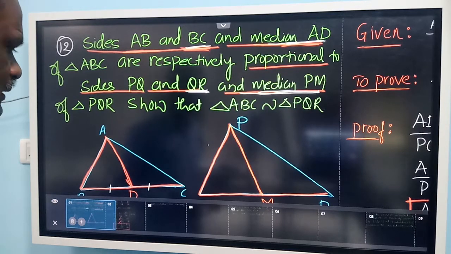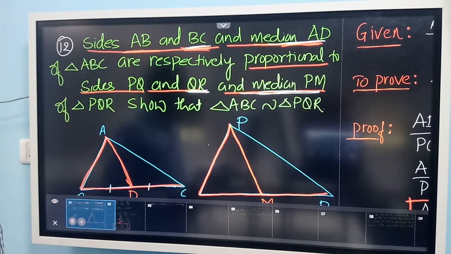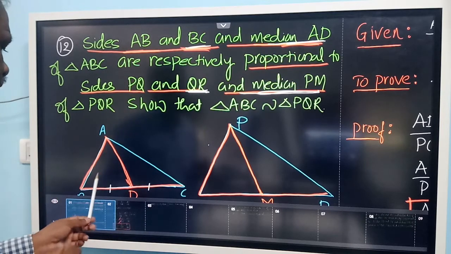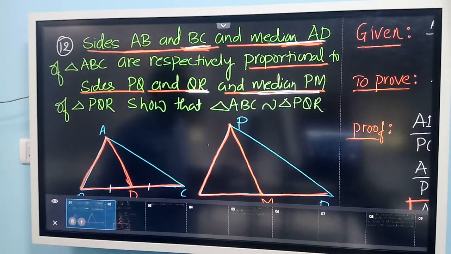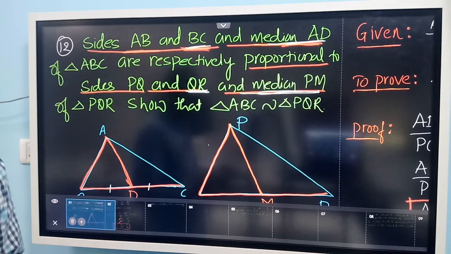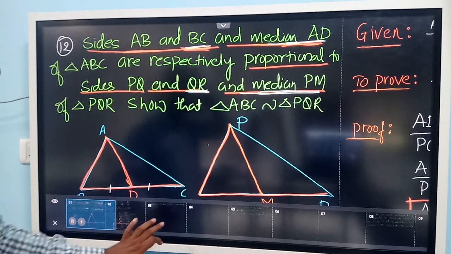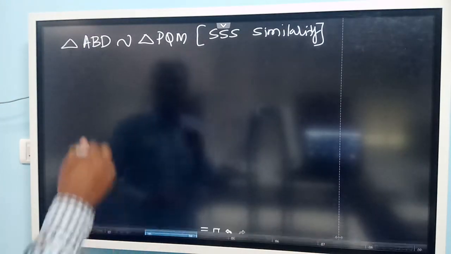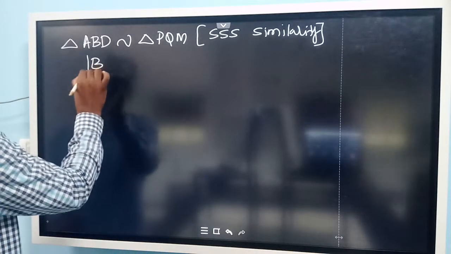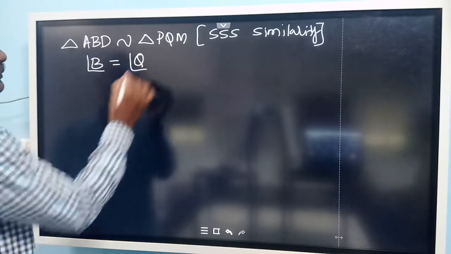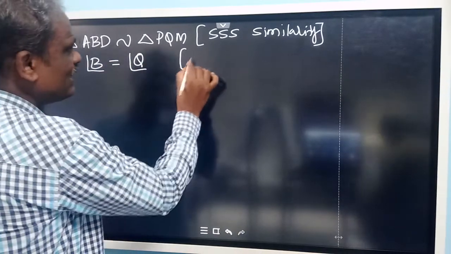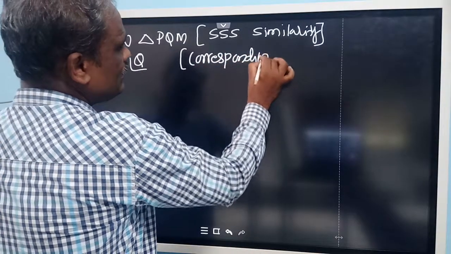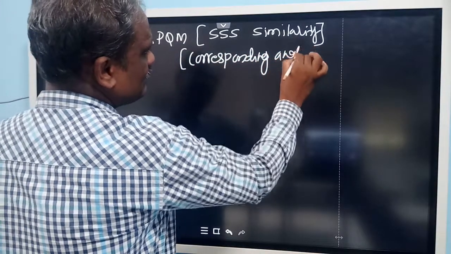So use this. If they are similar, then the corresponding parts should be in the same ratio, and corresponding angles should be equal. If the triangles are similar, I can write the corresponding angles are equal. So therefore angle B is equal to angle Q, the corresponding angles of similar triangles.